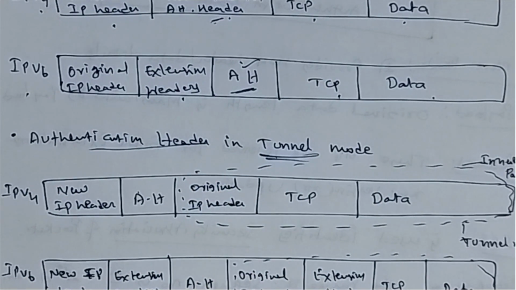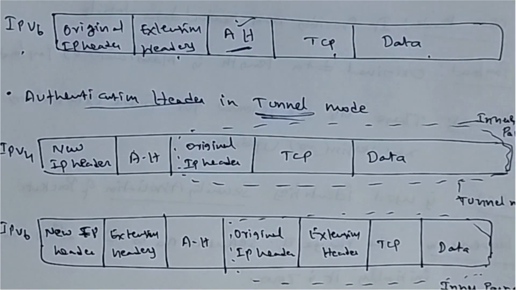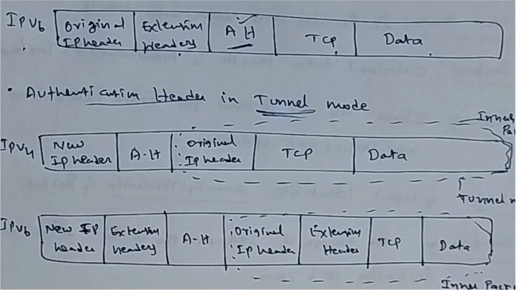And the authentication header in tunnel mode. Okay, there are two types of transporting modes for transferring data over the internet. The first one is transport mode, the second one is tunnel mode. We will discuss these in future classes.